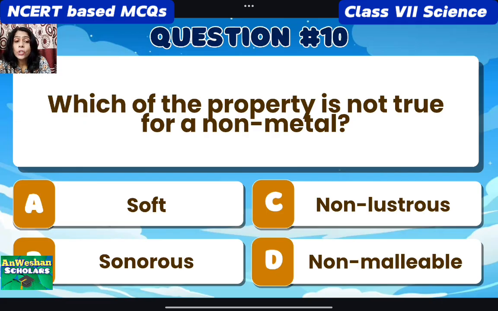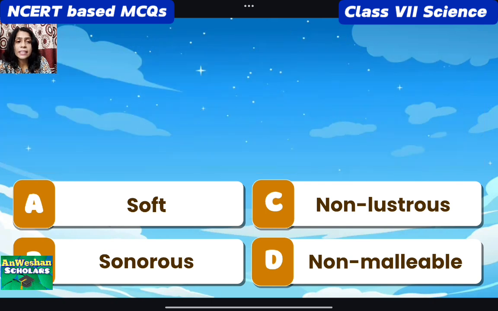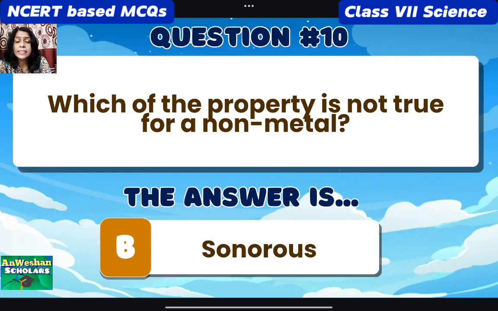It is generally non-malleable, that is it cannot be easily beaten into thin sheets. But sonorous? No, non-metals are non-sonorous, that is they do not produce a ringing sound by striking against a surface. So yes, our option B, sonorous, is the answer. Sonority is generally not a property of a non-metal.